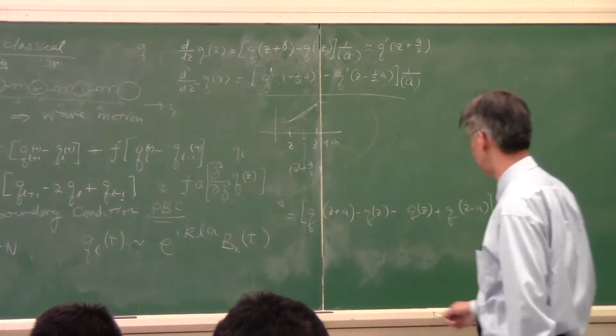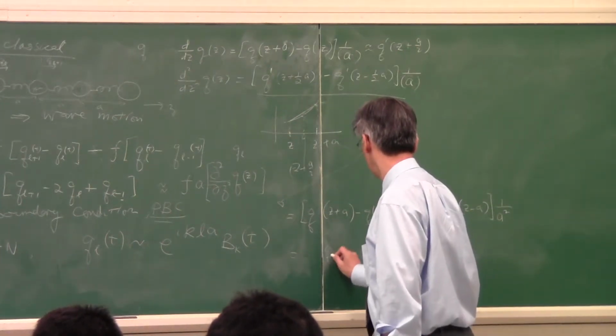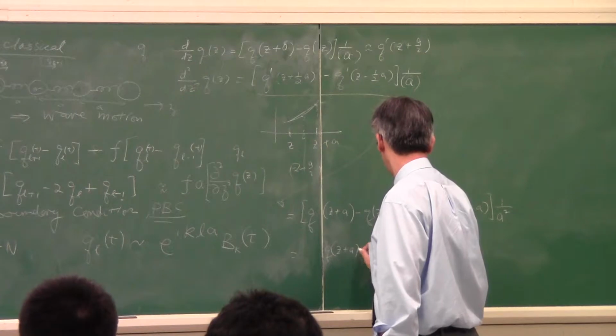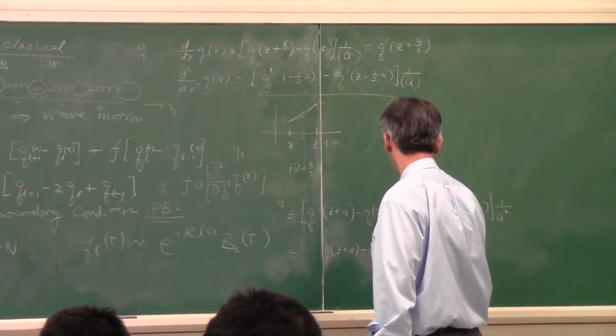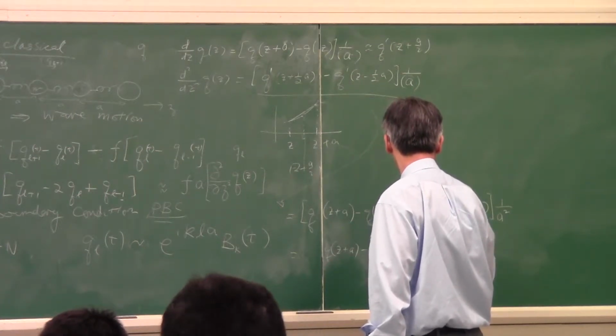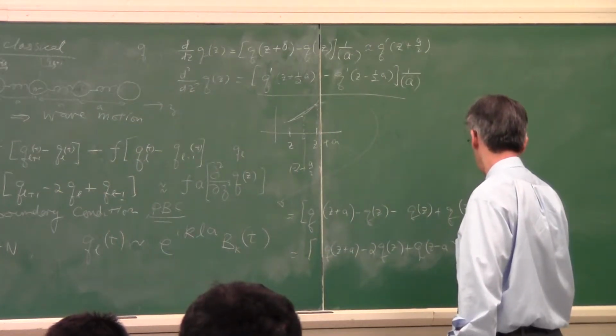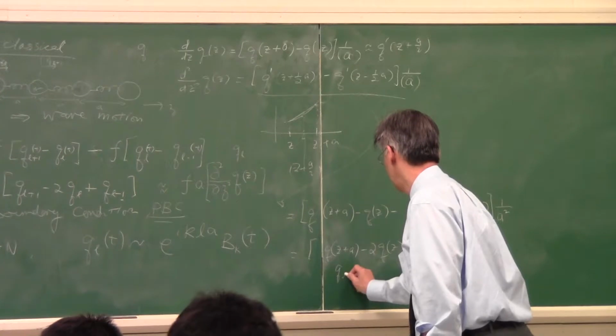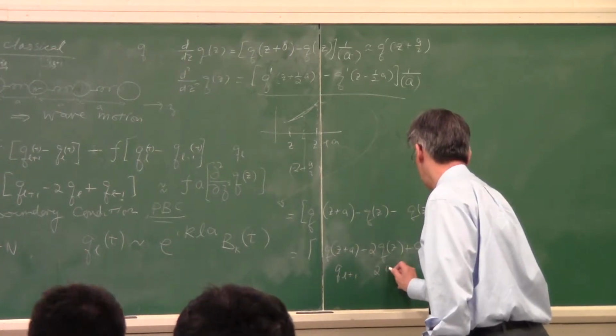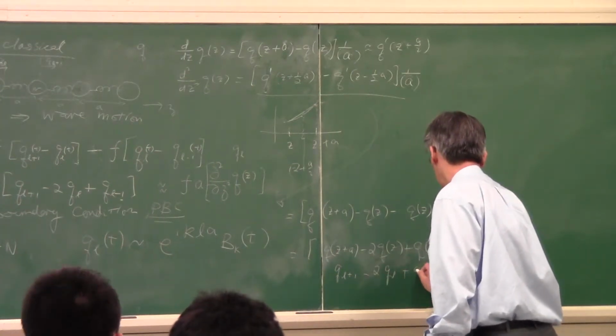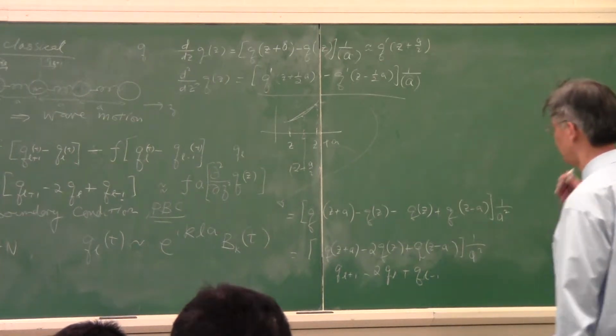Okay, you can see that this is just equal to q(z plus a) minus 2q(z) plus q(z minus a) over a squared. So this is like q_{l+1} minus 2q_l plus q_{l-1}. Okay?